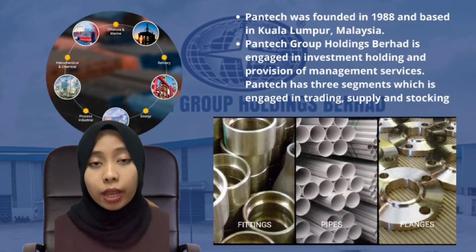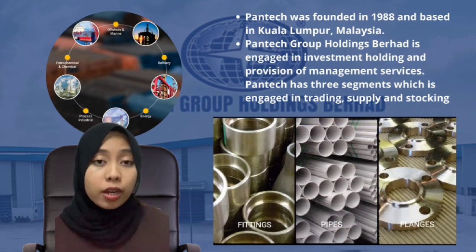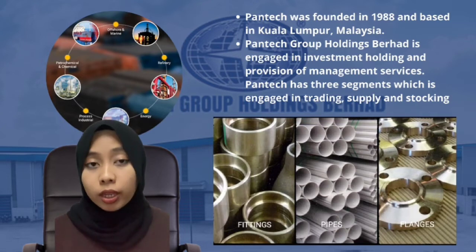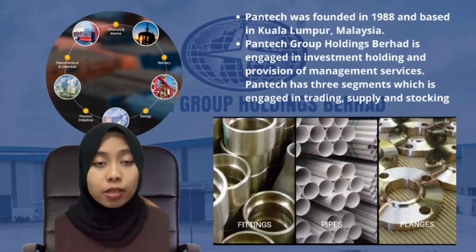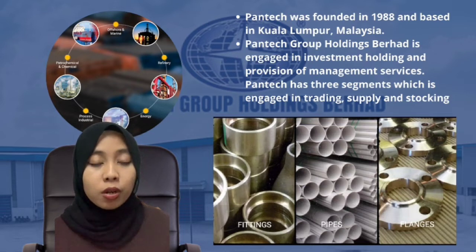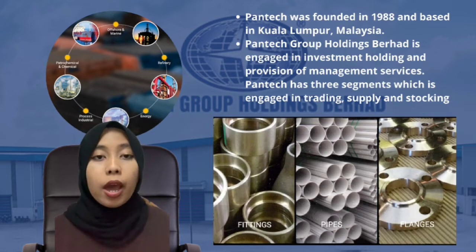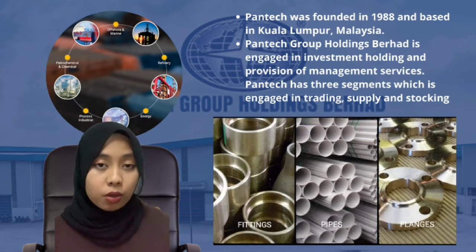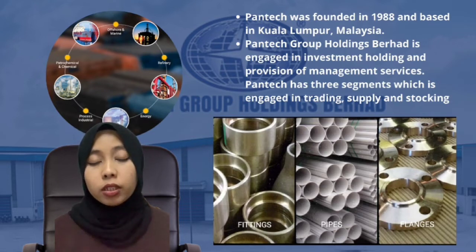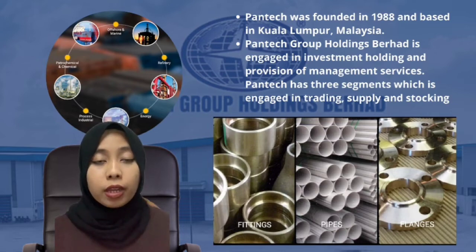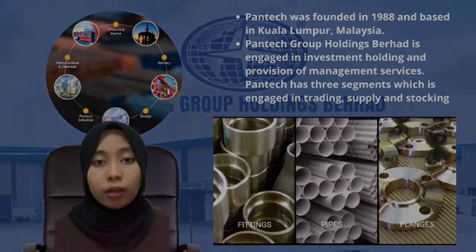Pantech has three segments which are engaged in trading, supply and stocking of high-pressure seamless and specialized steel pipes, fittings, flanges, valves and other related products for use in the oil and gas reticulation, marine, onshore and offshore, heavy engineering, power generation, petrochemical, palm oil, refining and other related industry.